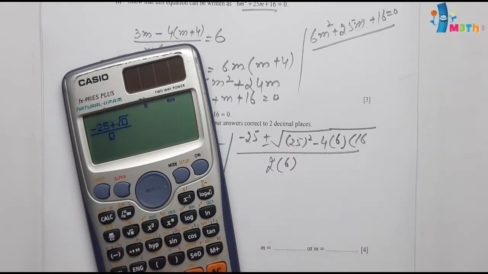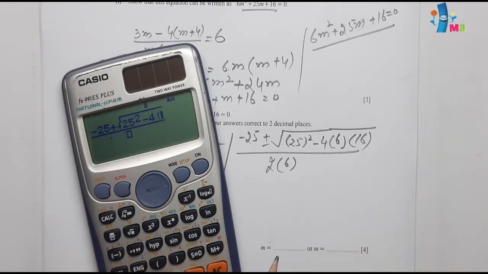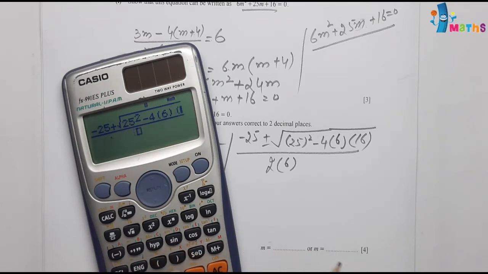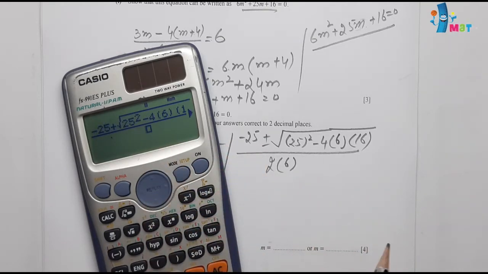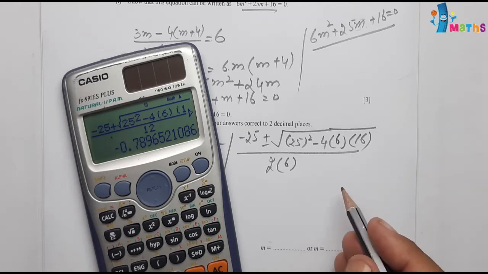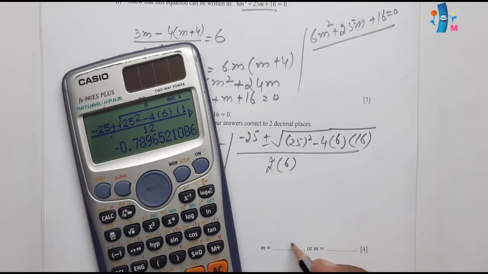So minus 25 plus root of 25 squared minus 4 into, we can put in brackets, 6 into 16, divided by 2 into 6, which is 12, so I'll be writing 12. This is equal to minus 0.78, so minus 0.79, I'm just writing 79.